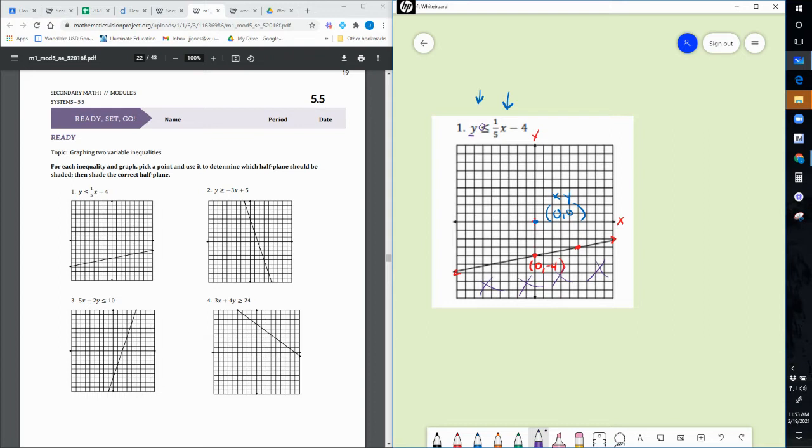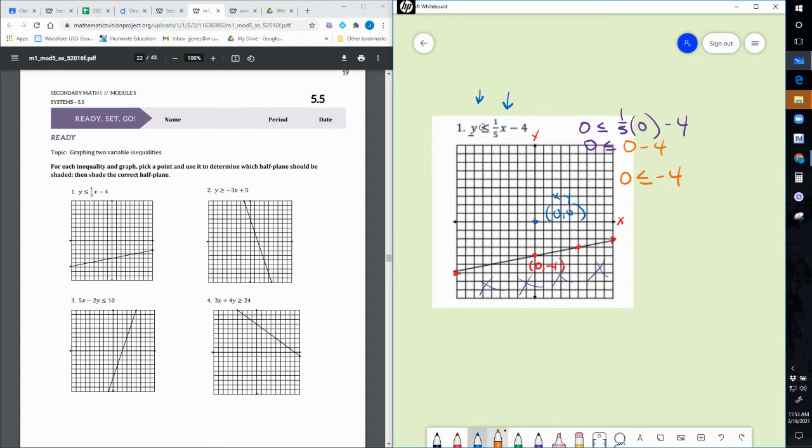But let's test it out. We're going to plug in 0 for y, and 0 for x, and then we're going to solve this and see if it's true. Okay, 0 is less than or equal to 1/5 times 0. Looks scary, but it's just 0. 0 minus 4. So come down. 0 is less than or equal to, what is 0 minus 4? Negative 4.